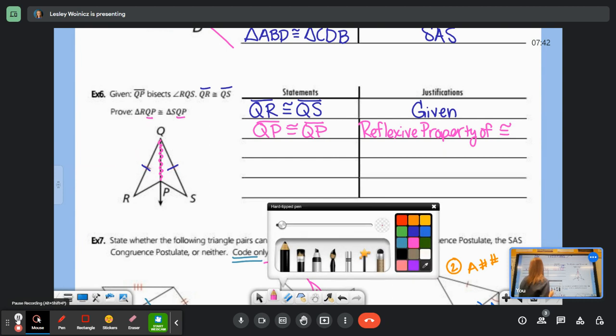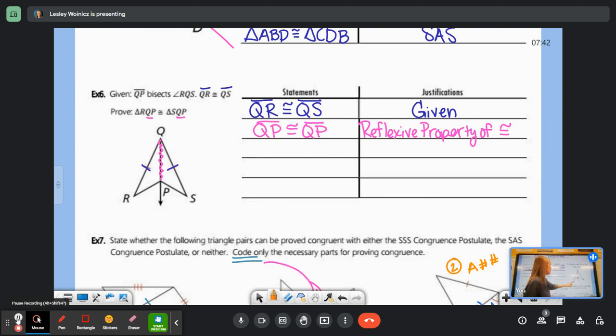Okay, next. I'm given some other juicy little tidbits. I know that ray QP bisects angle RQS. So whenever we have an angle bisector, we're going to get two congruent little baby angles. So this is my ray, okay, and it's bisecting this angle. So I can say, oh, that was given to us.